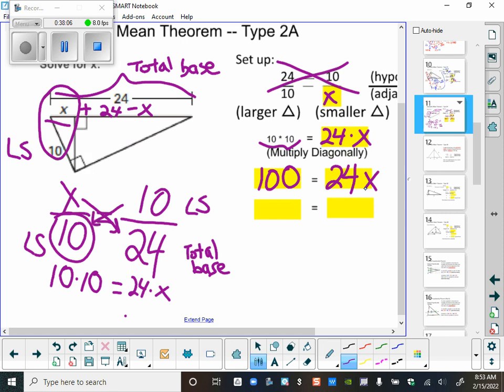What do we have to do to both sides of the equal sign? Divide by 24. So then x is going to equal, you will get a decimal. Yep, that 4.16, and the 6 goes forever. Oh, you can put a bar over that 6.